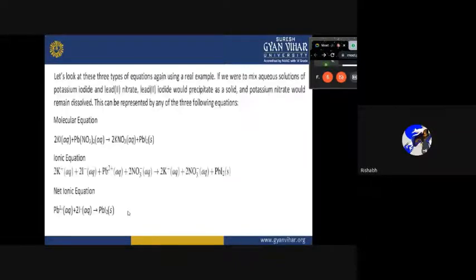Now let's look at these three types of equations again using a real example. If we were to mix aqueous solutions of potassium iodide and lead nitrate, lead iodide would precipitate as a solid and potassium nitrate would remain dissolved. This can be represented by any of the three following equations.